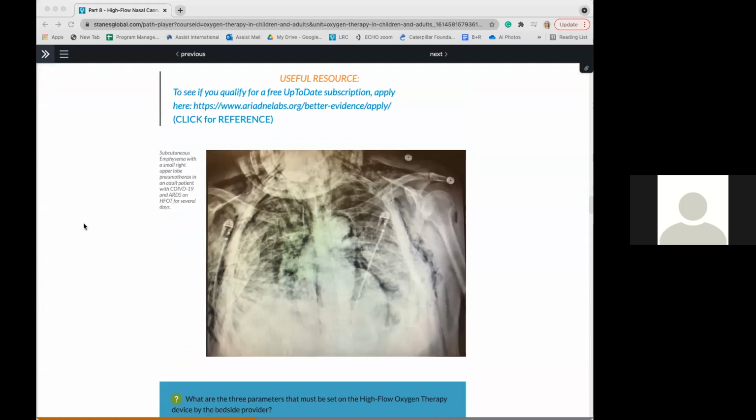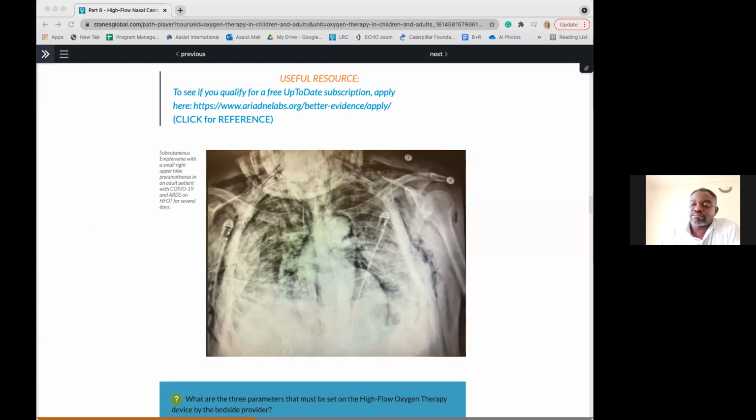the complications. So this chest X-ray is just there to give more information on one of the other common complications of high flow oxygen therapy, which is subcutaneous emphysema. There's extravasation of air because of that high flow oxygen that is being bombarded into the patient's airway.